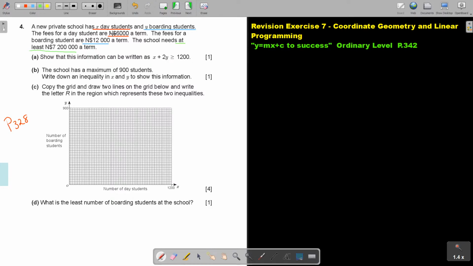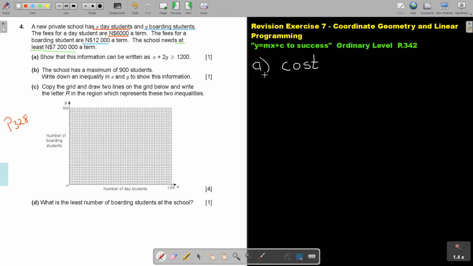So this condition was all about the cost. So if I must write something for this, it's just going to be all about the cost. Okay, so then I'm just going to say, okay, show that the information is written.